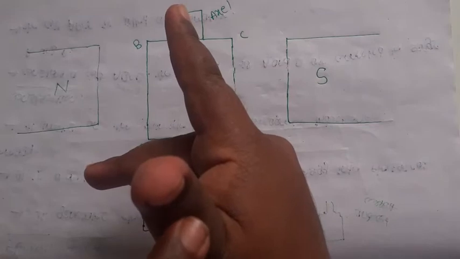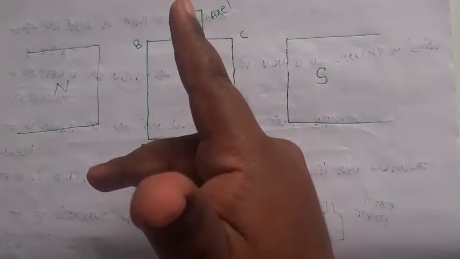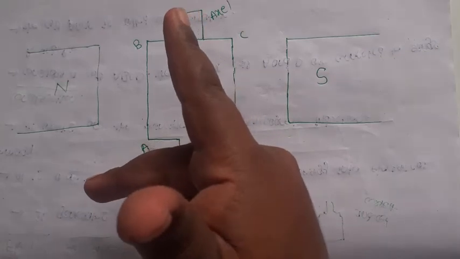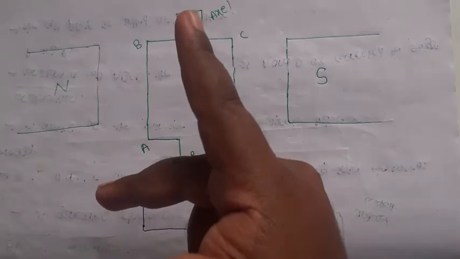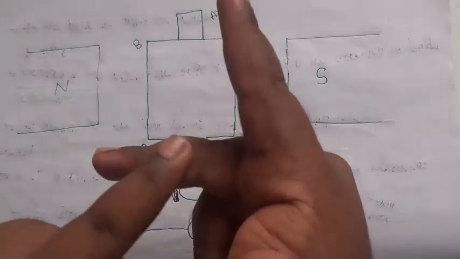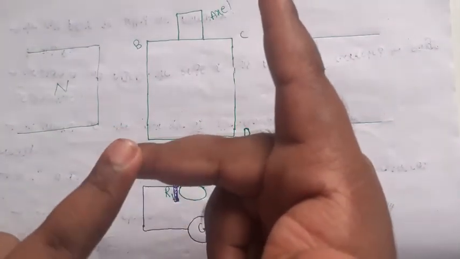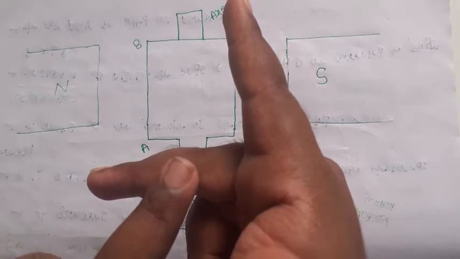Here, this thumb finger shows the direction of force or motion of a conductor. Next, this forefinger shows the direction of the magnetic field. Next, this middle finger shows the direction of induced current flow in a conductor.